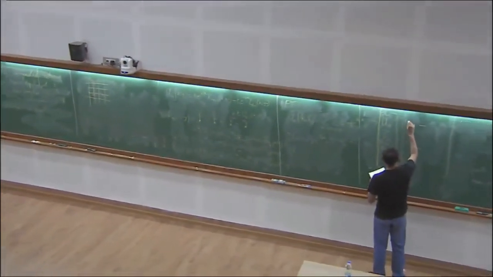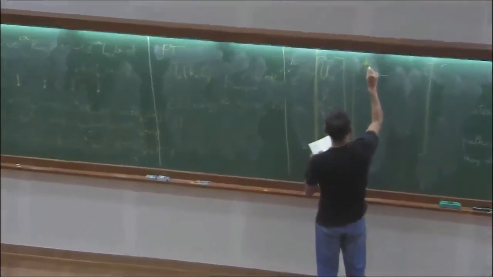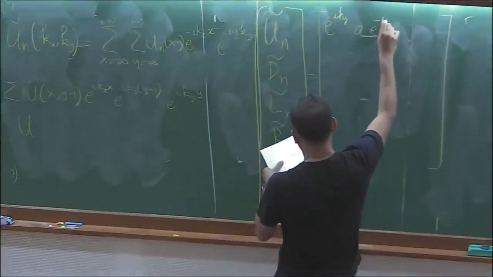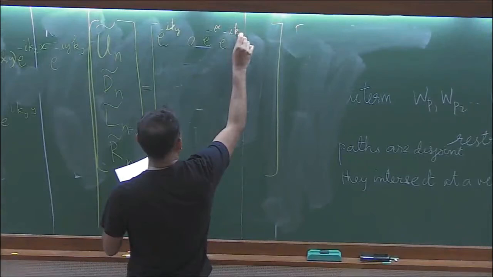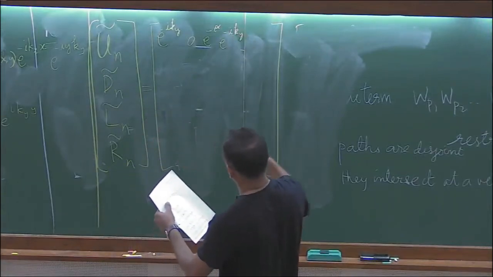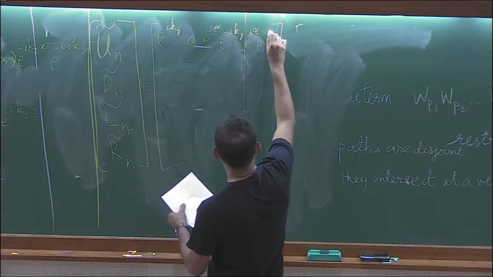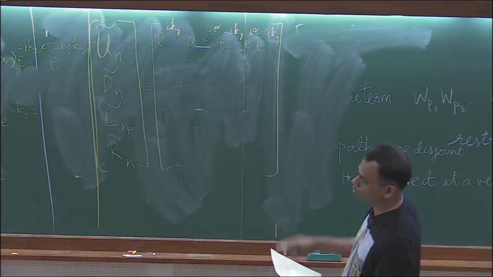E to the power minus i ky, 0, e to the power minus i alpha. I will put t outside.